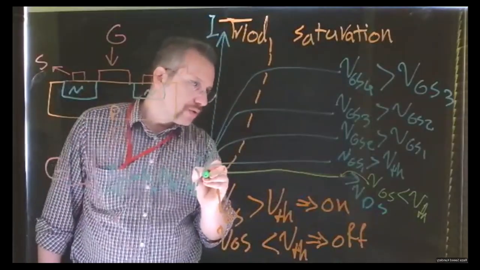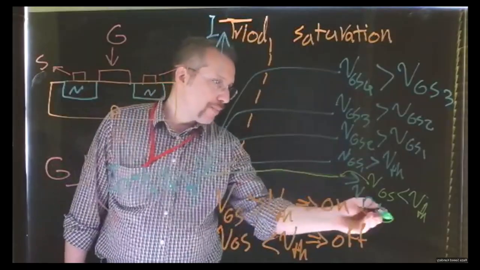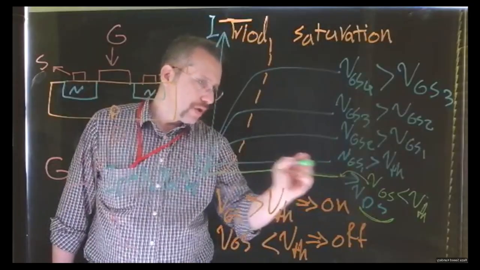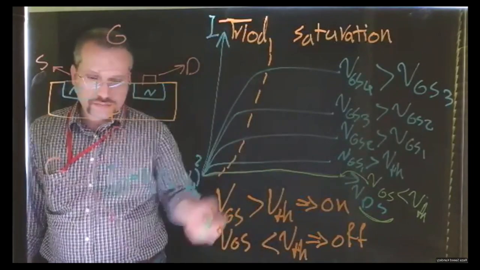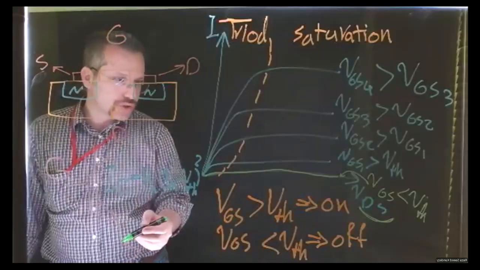So the voltage is zero, the current is zero. It doesn't matter how much voltage you apply for DS, the current is zero.